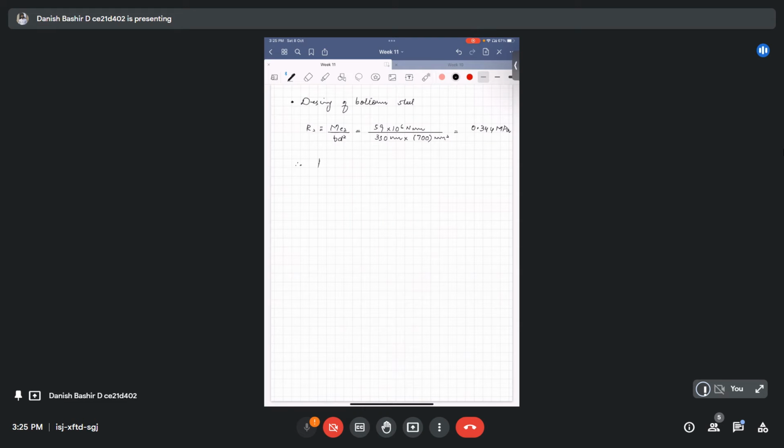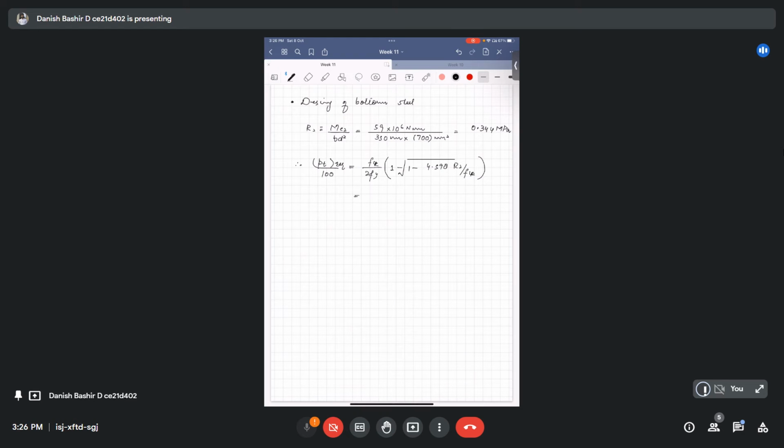Therefore, PT required divided by 100 will be, applying the same formula, FCK divided by 2 FY times 1 minus square root of 1 minus 4.598 R2 divided by FCK.